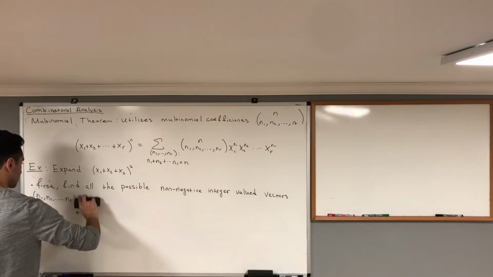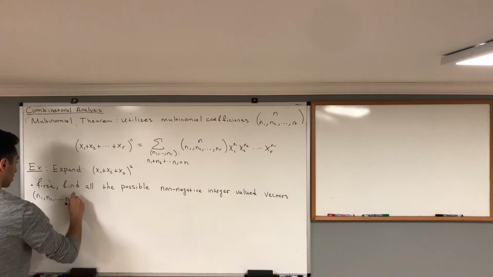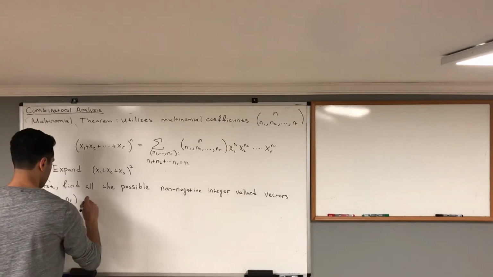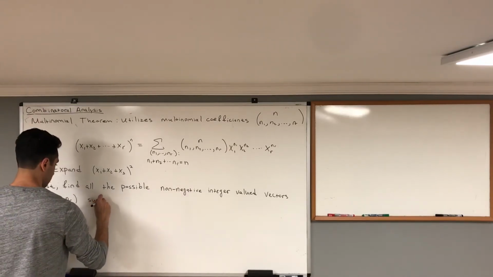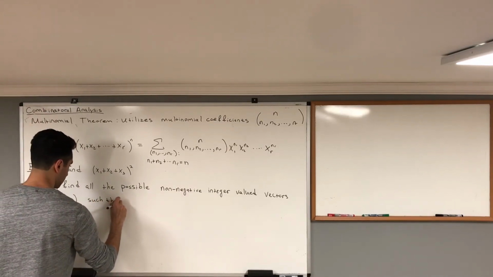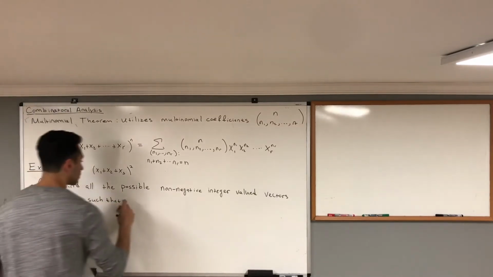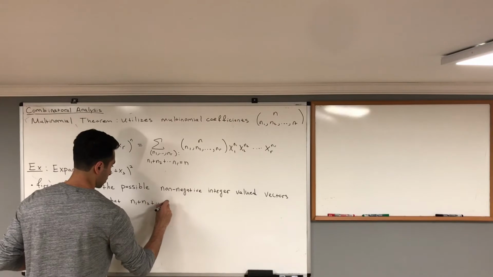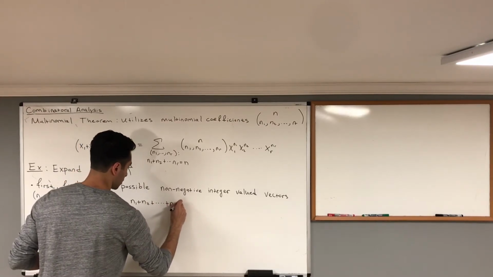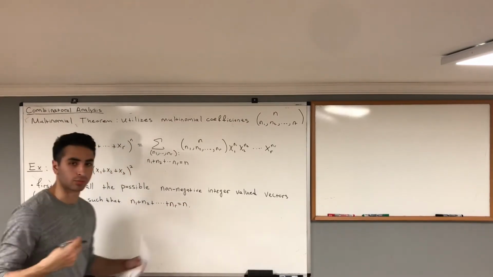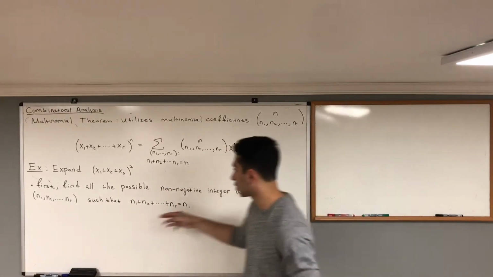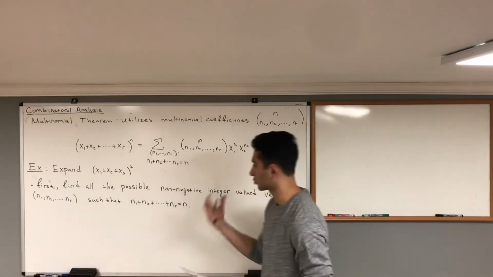So that is your list. So you have to find the number of lists such that the sum of this equals n. Right? That's what we did in the previous section right before this. So you guys already know how to find the number of lists like this because we did it before.